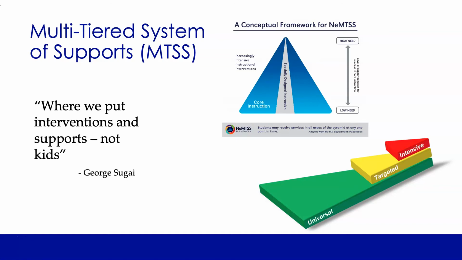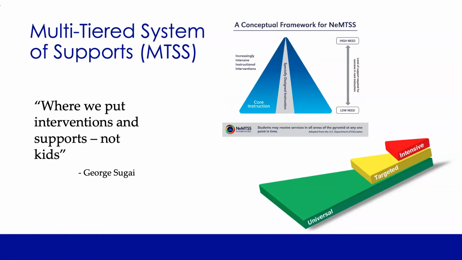So we may increase the duration, we may increase the frequency, we may increase the specificity of the type of intervention that we're using. And then for some students, we might go to intensive, where again, we're increasing the specificity, the frequency, the intensity of that instruction for students who really need those very intensive types of supports.